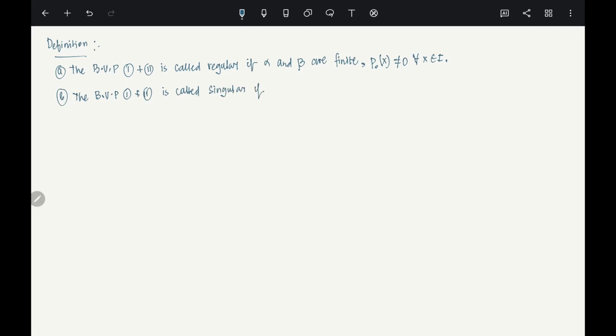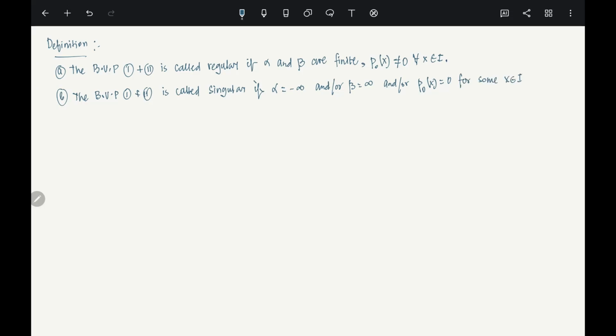It is singular if alpha is minus infinity, so there is no lower bound, and/or beta is infinity, either one of them is infinity, or p naught of x is 0 for some x in I. Is this okay?